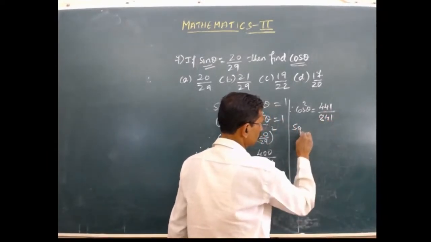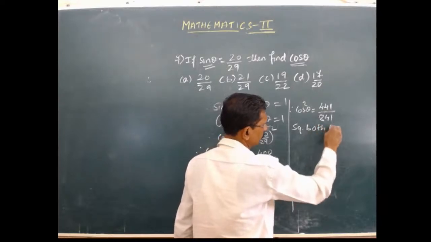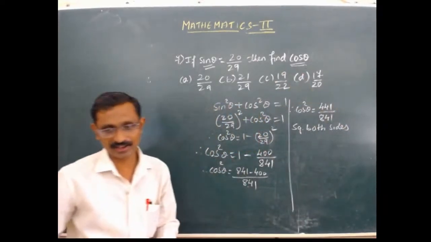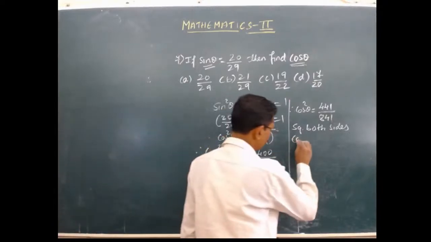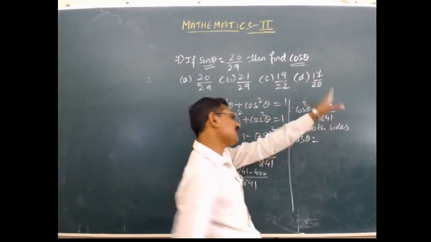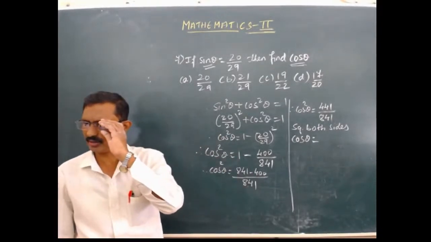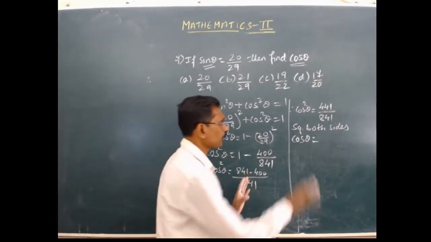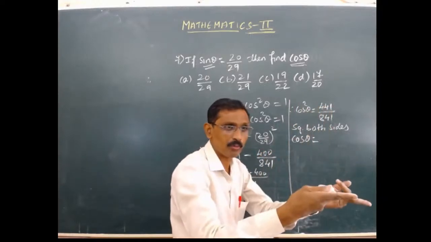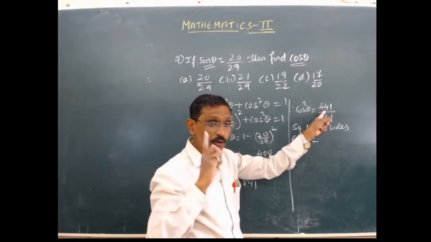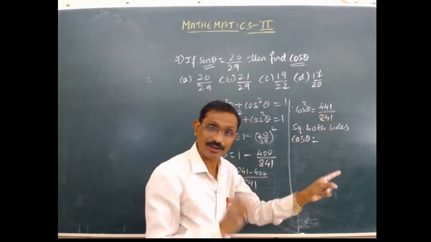Squaring both sides. Here, cos theta is equal to the square root, and the same idea we are going to follow, there is no change of idea. 20 into 20 gives me how much? 400, right? That means only 41 is less.